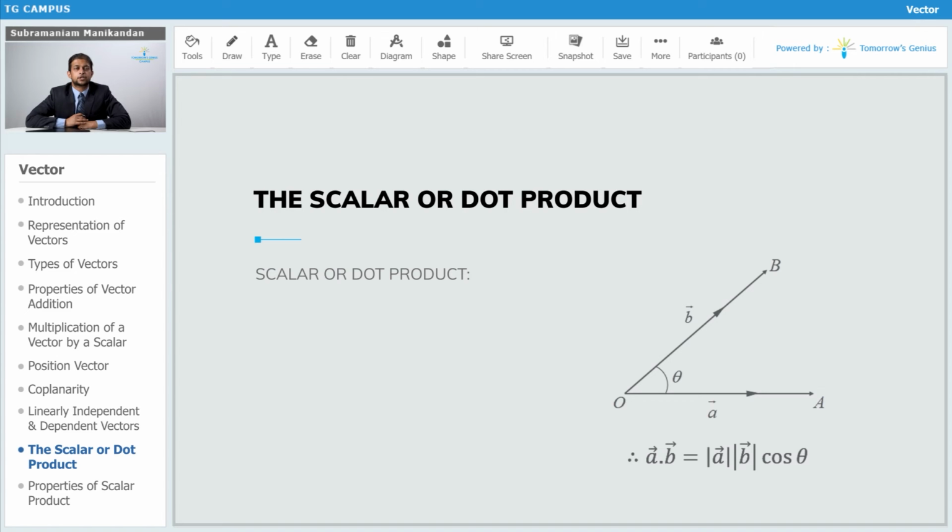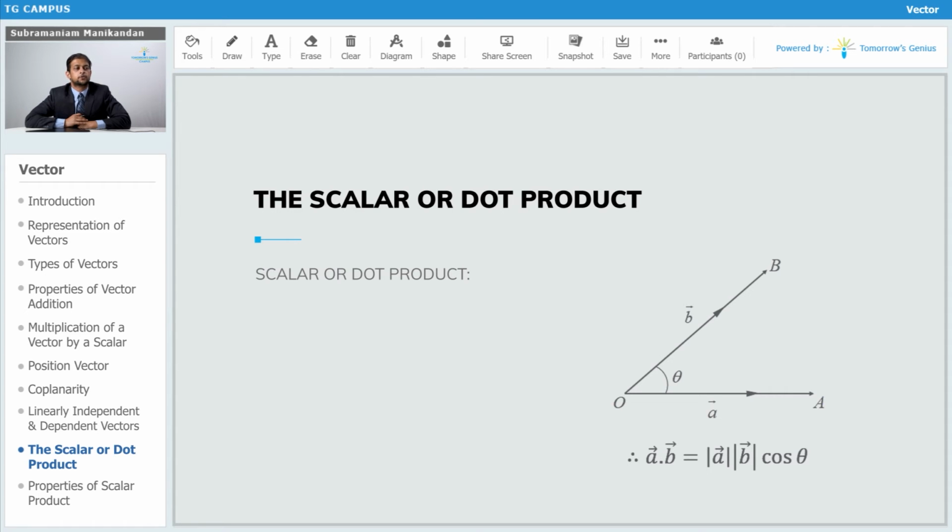So here's a schematic showing this. OA represents the vector A bar, OB represents the vector B bar. Therefore A bar dot B bar is equal to magnitude of A bar times magnitude of B bar times cos of the angle between them. That's what the dot product of two vectors A bar and B bar is equal to.